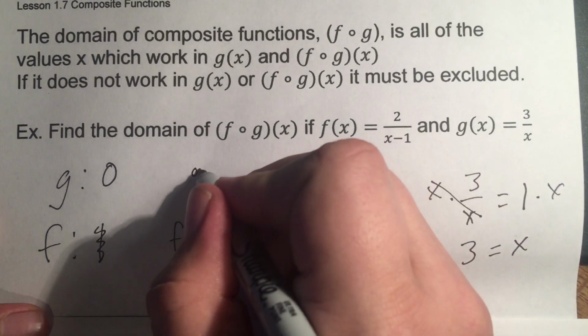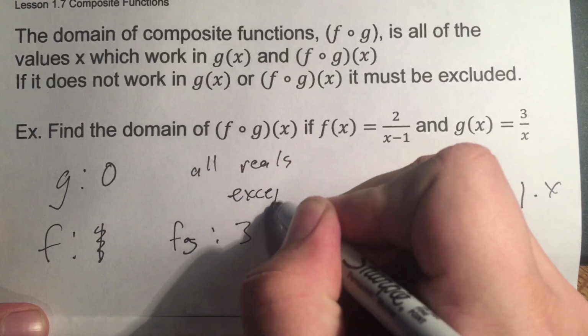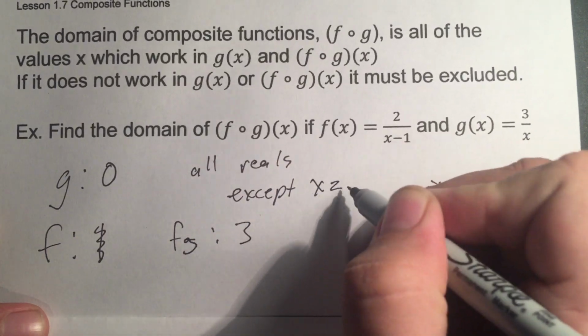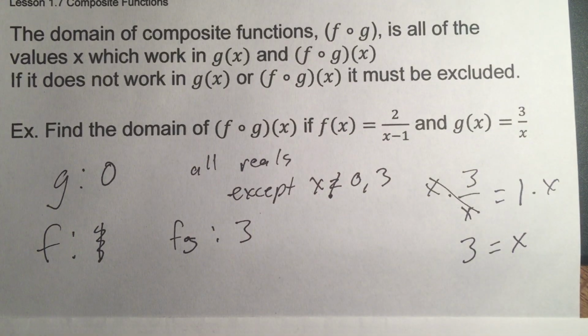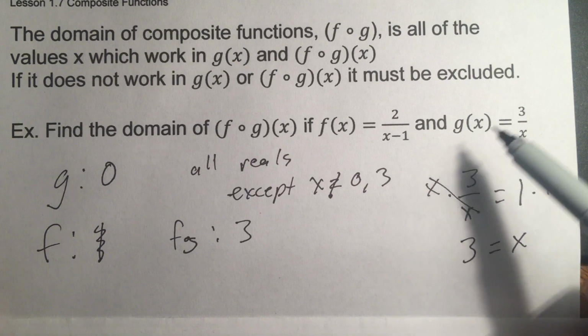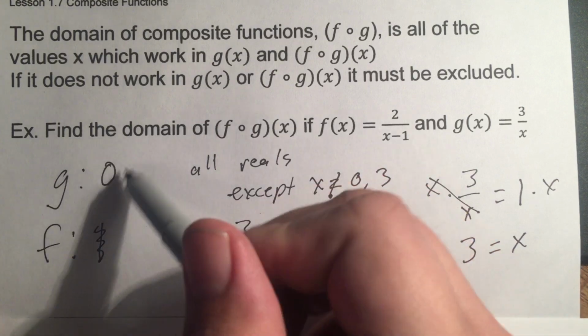So here it's going to be all reals except x cannot equal 0 and 3. We looked at the g function first, what would cause it to be 0, and we're going to restrict it there.